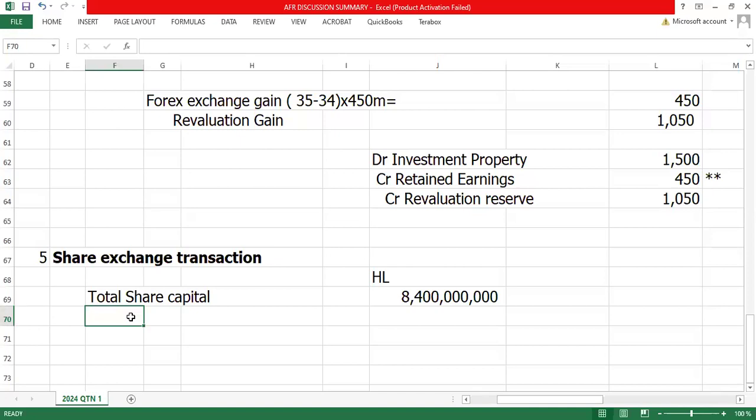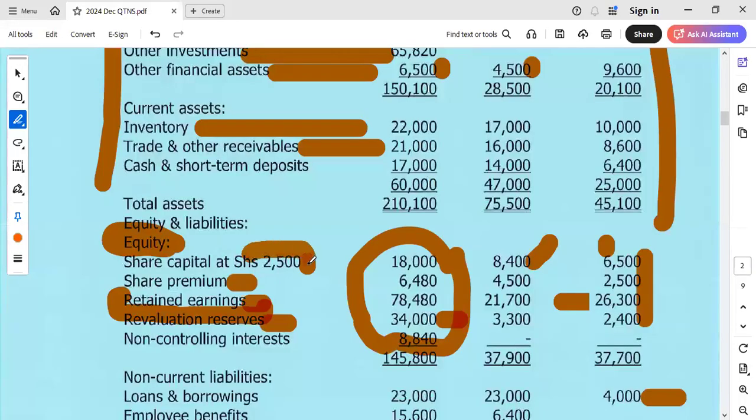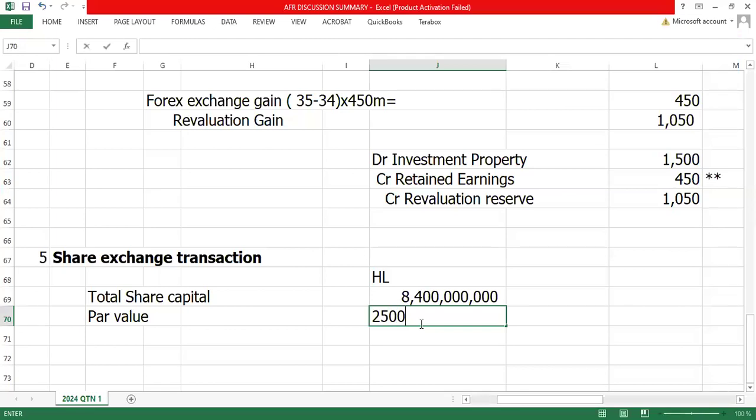And we need the number of shares. Then what is the par value? The par value is each share. From the question, they told us that each share is, are you seeing this? 2,500.